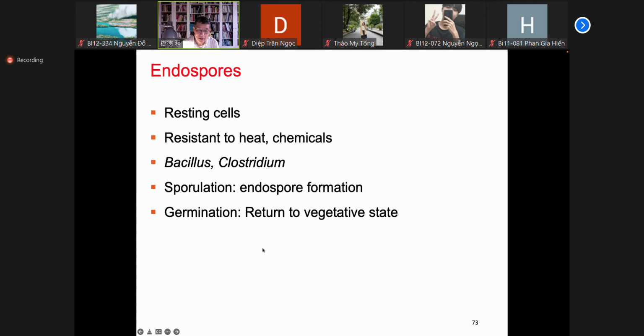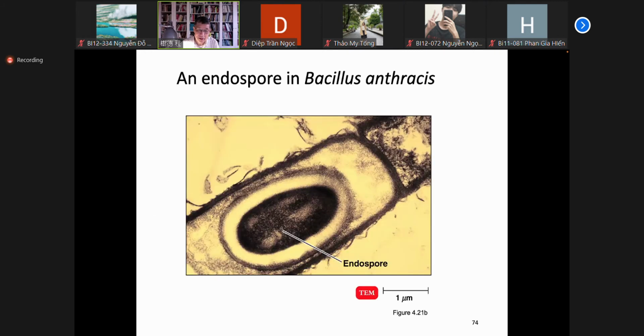Germination is a return from a spore state to the vegetative state. Vegetative is called the growing state. Okay, let me show you the endospores. This is in Bacillus anthracis. Anthracis is the bacteria forming anthrax.